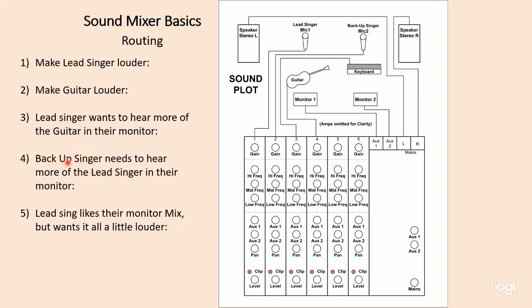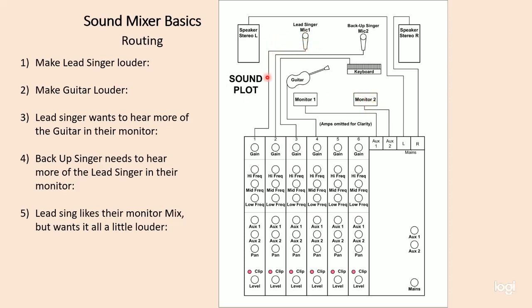So here's my lead singer, and they're connected to channel 1. If I come down and turn up auxiliary 2, it's going to send more of the lead singer's signal to my auxiliary 2 mains, and then that'll come out of auxiliary 2 output, and it'll send more of the lead singer into monitor 2.